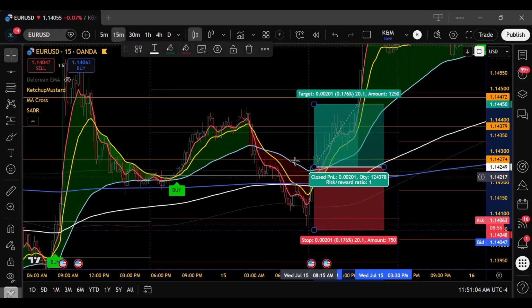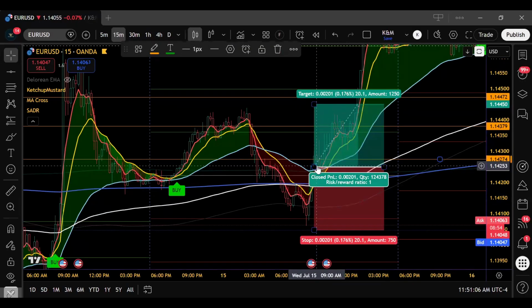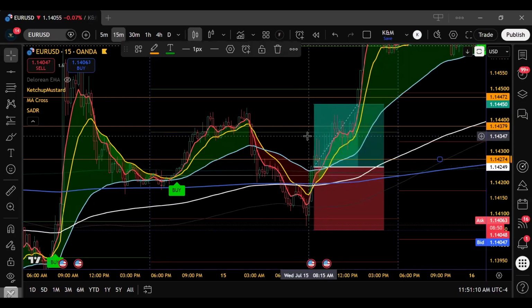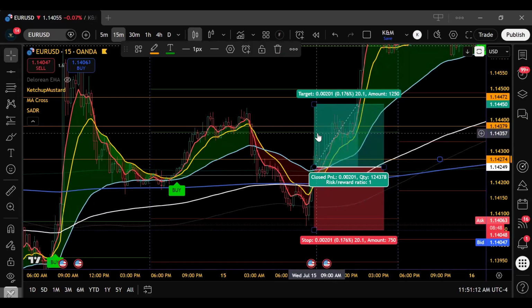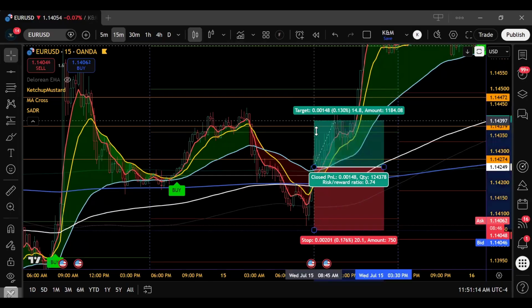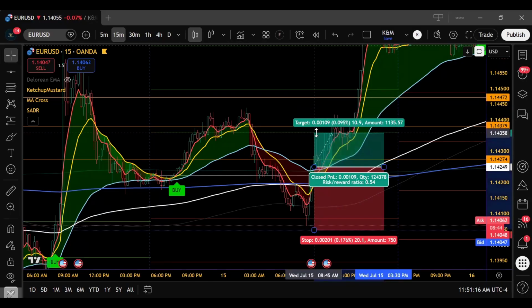I would have entered right here. Off of this entry, this would have been my first target based off the ADR. That was only 11 pips with a 0.5 risk to reward.